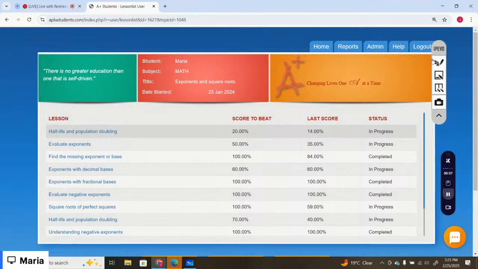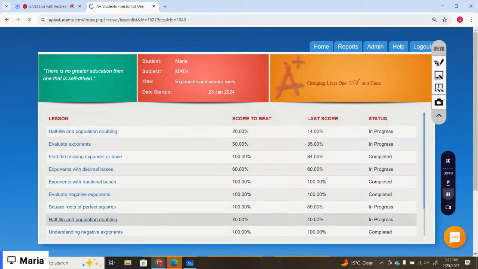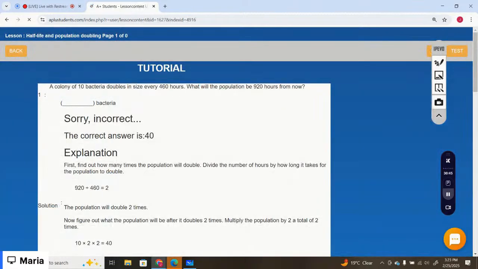The next lesson is half-life and population doubling. A colony of 10 bacteria doubles in size every 460 hours. What will the population be after 920 hours? So you have 10 bacteria and they double their size after 460 hours, right?